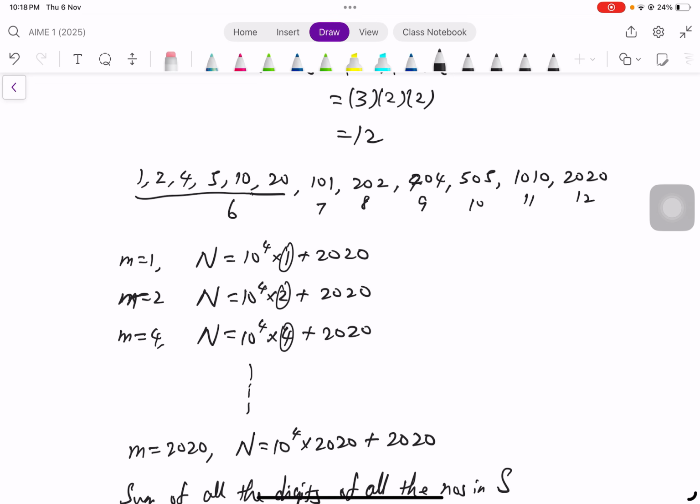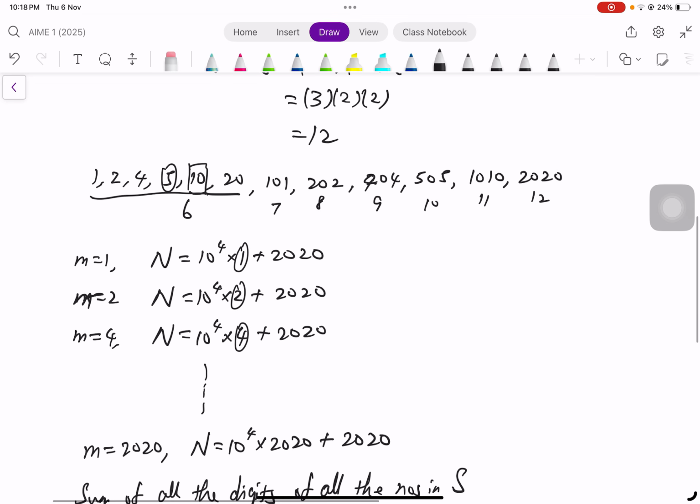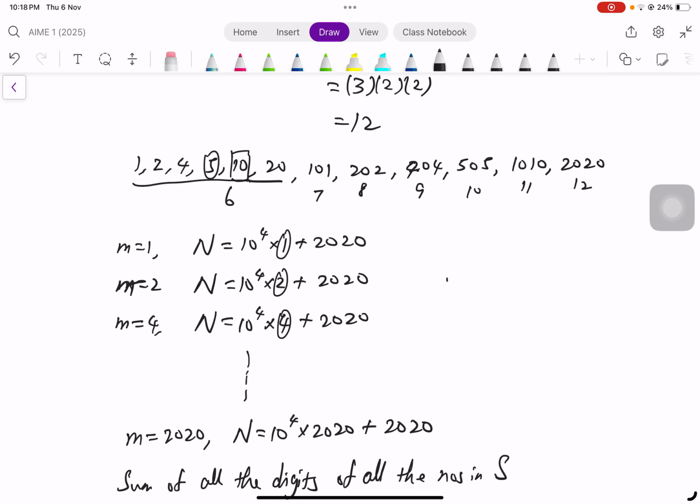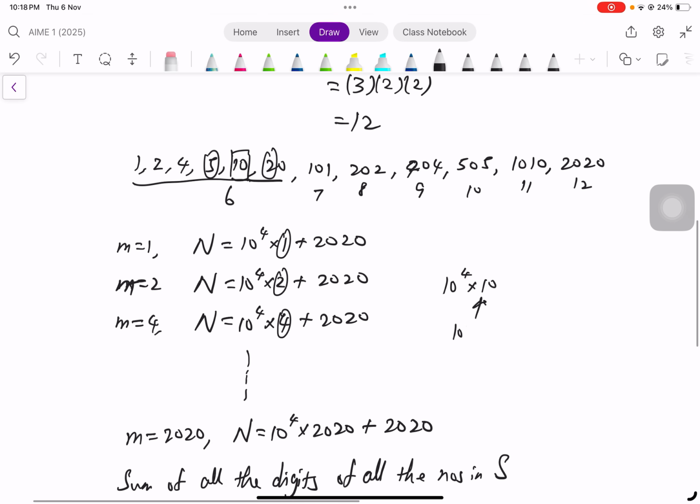Then the next one is 10, but 10 to the power of 4 times 10 only counts the one. And then followed by 20, where only the 2 is counted in terms of digit sum.